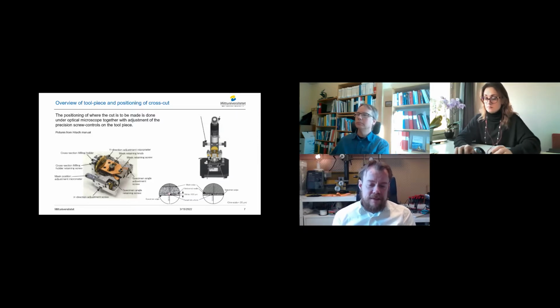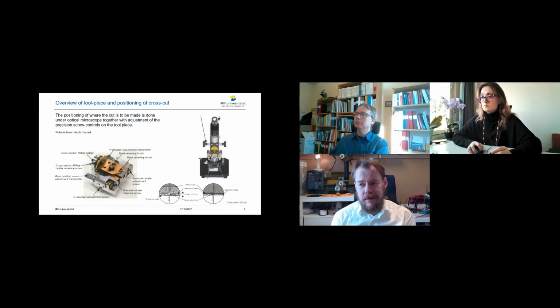Down in the right corner we see an image of how it looks inside the optical microscope, and you can see that the tolerances are in the tens of microns. So within 10 microns you can adjust the position of the cut.